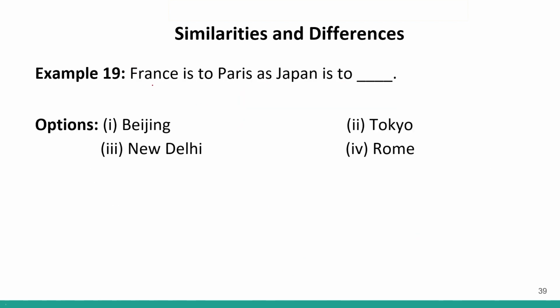Now, France is to Paris as Japan is to what? If you know, Paris is the capital of France. Okay. Similarly, Beijing is the capital of China. New Delhi is the capital of India.